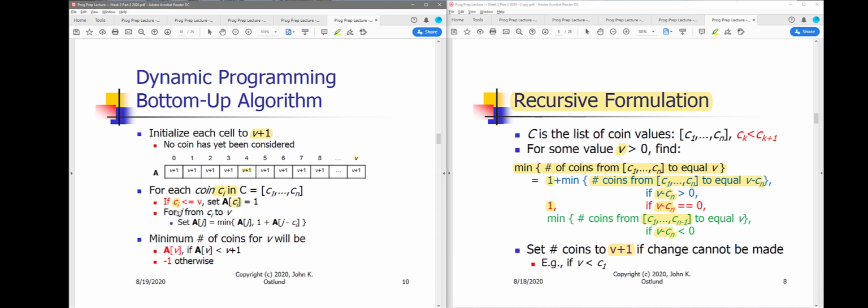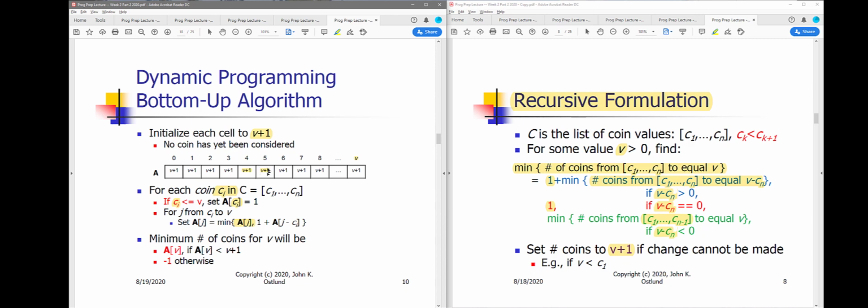Now, for j going from the next slot up to v, what we're going to do for the next slot is set that value to the minimum of what it already is. Okay, possibly we have reduced the number of coins that we need to make change for 5 by looking at some other coins.